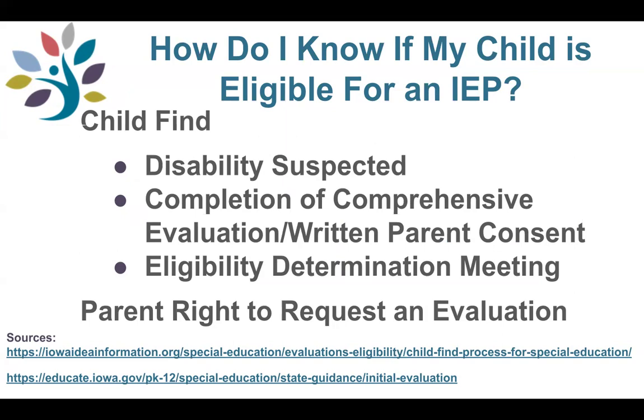This is a 60-day process. At the end of the 60 days, there will be an eligibility determination meeting where the team will receive the evaluation report and look at the rate of progress, what the student's needs are, and how we can support those needs. The second way is that you as a parent always have the right to request an evaluation at any time.